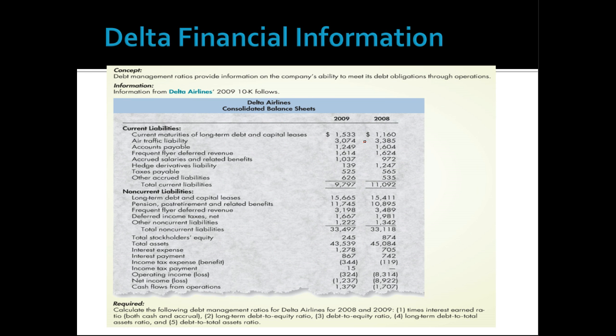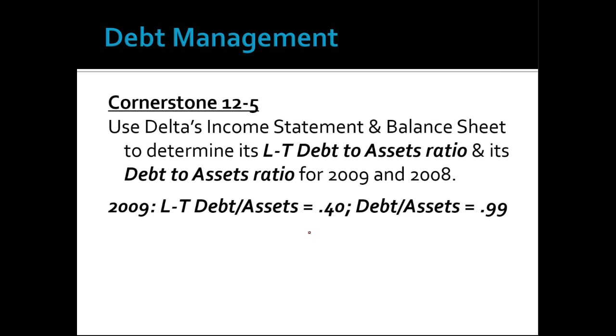So, if I go back, long-term debt, and that is going to be including the current portion, these two numbers divided by total assets right here, $43.5 billion. Well, if I did that math, I would come up with long-term debt to assets was 0.4, and the total debt to assets was 0.99.